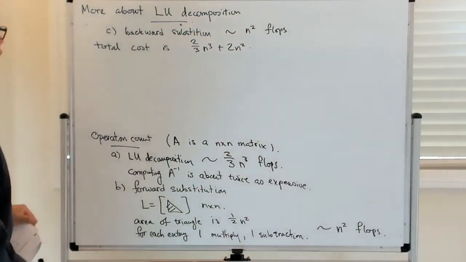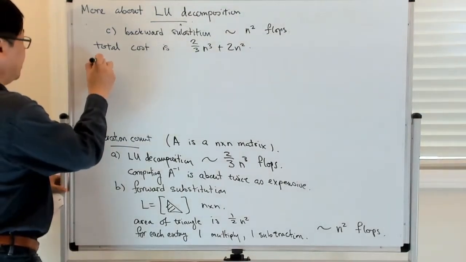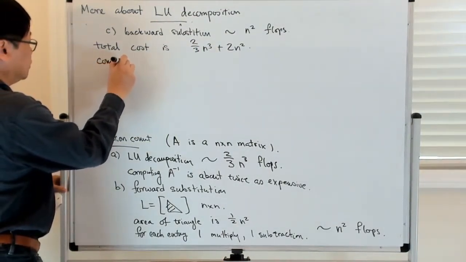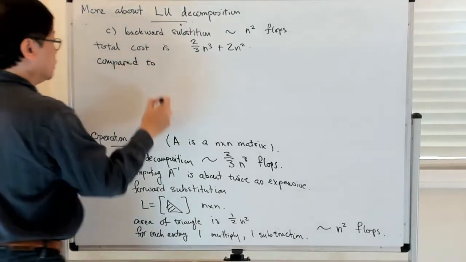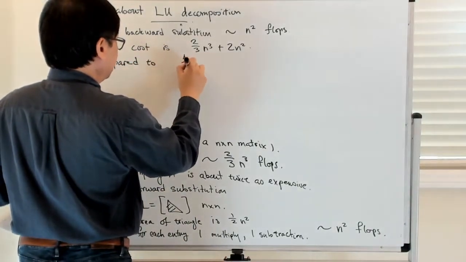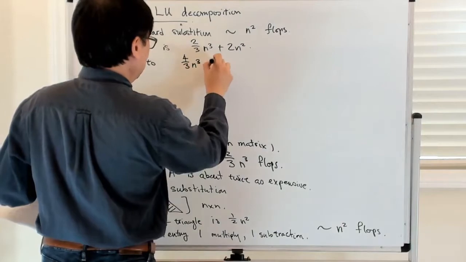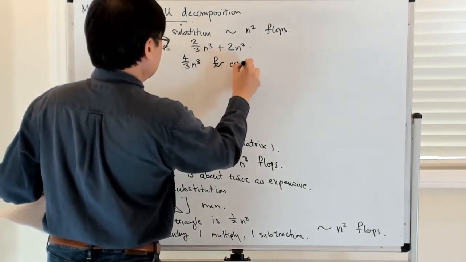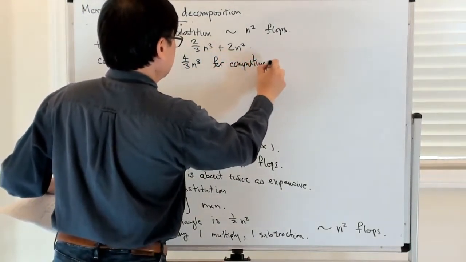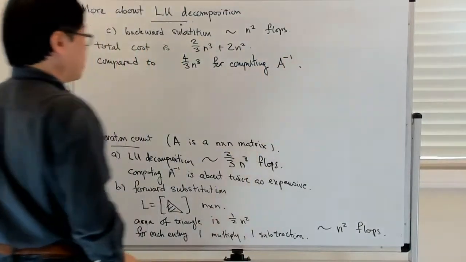And this is compared to 4/3 n cubed for computing A inverse.